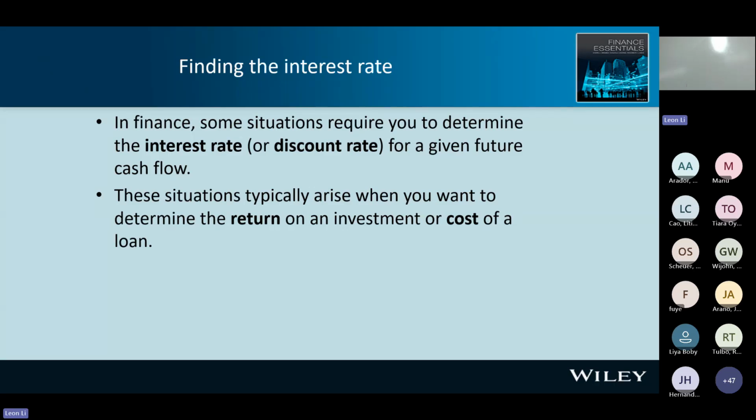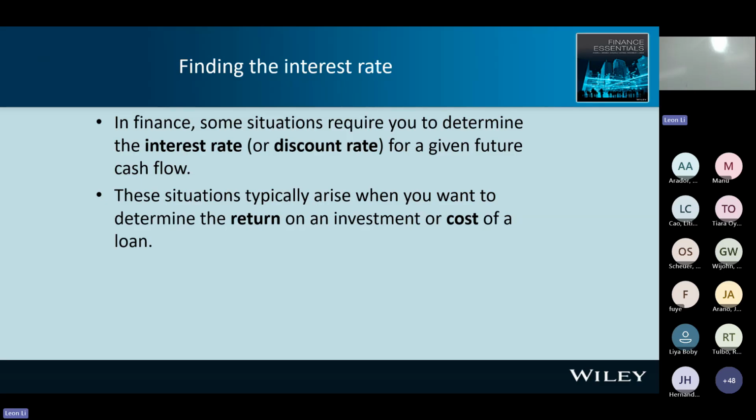Interest rate is also a discount rate, right? It's a return to the investor. It's also a cost to the borrower. All right. So I hope students know we have different definitions of the interest rate, and the interest rate is an exchange rate between today's money and future money.